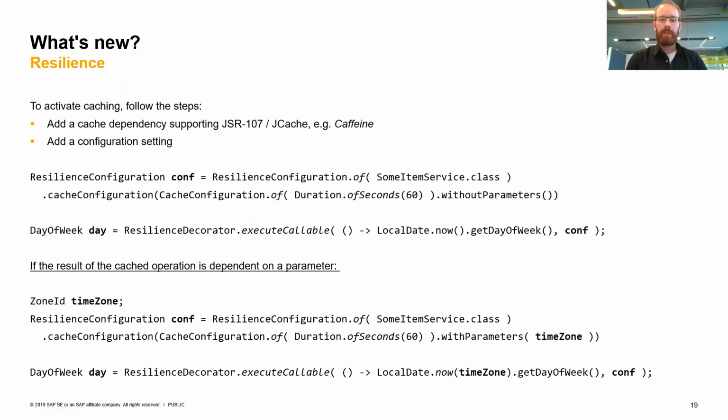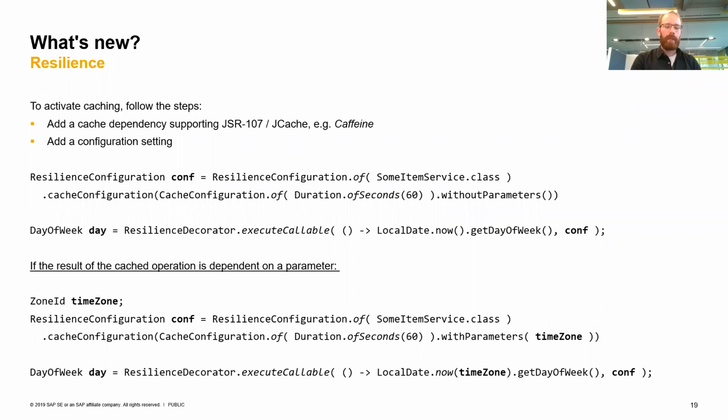I will come to that in a second. And this configuration can then be used as before on the resilience decorator, so that we have our supplier again calculating the day of week that we, for whatever reason, want to cache. With this configuration, the first call will actually calculate the value, and the second call, if done in the next 60 seconds, will return the exact same value as before without any calculations. So that's basically the cache behavior.